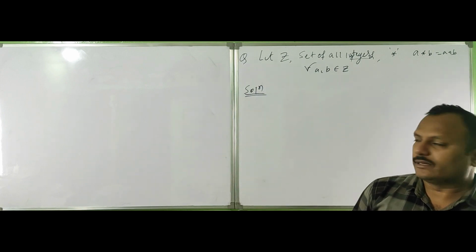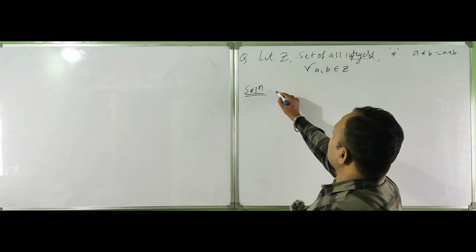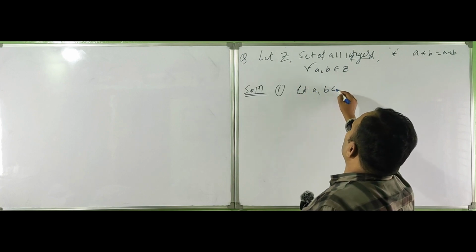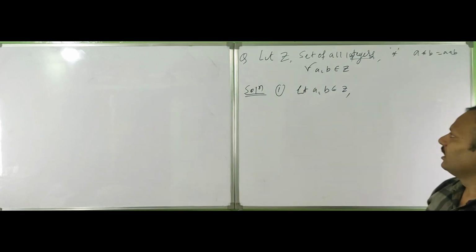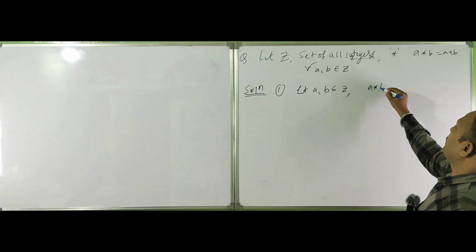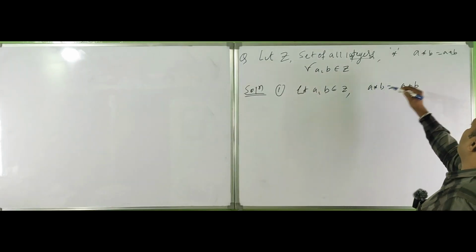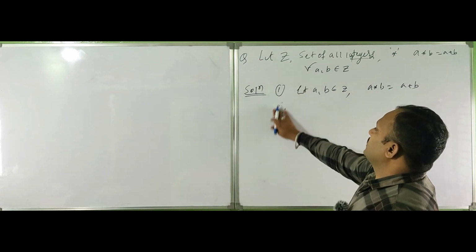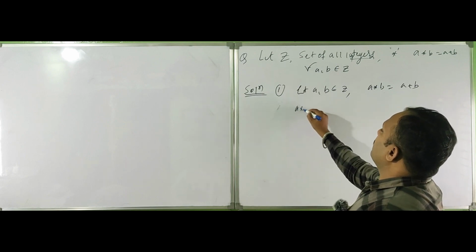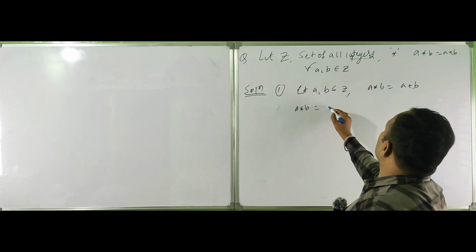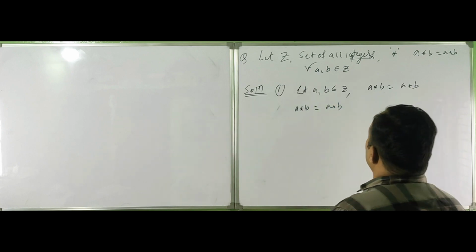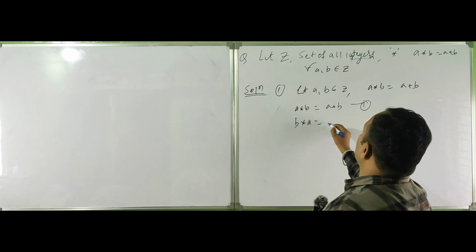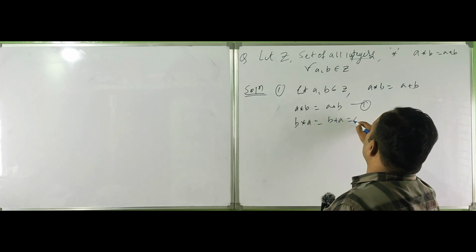First one: given, let A, B belong to Z, and the operation is A star B is equal to A plus B. Again we can say B star A is equal to B plus A, which is equal to A plus B.